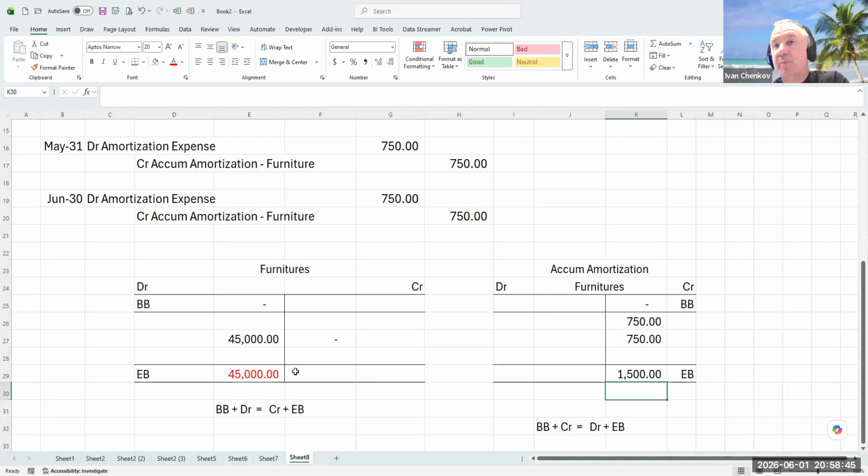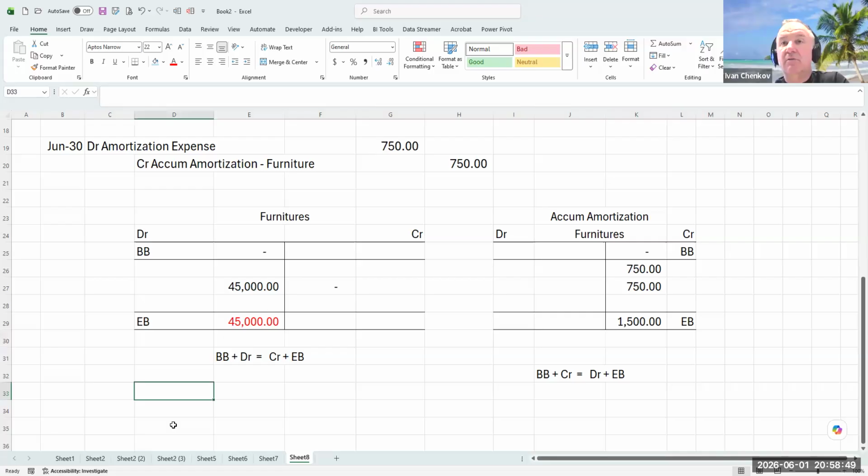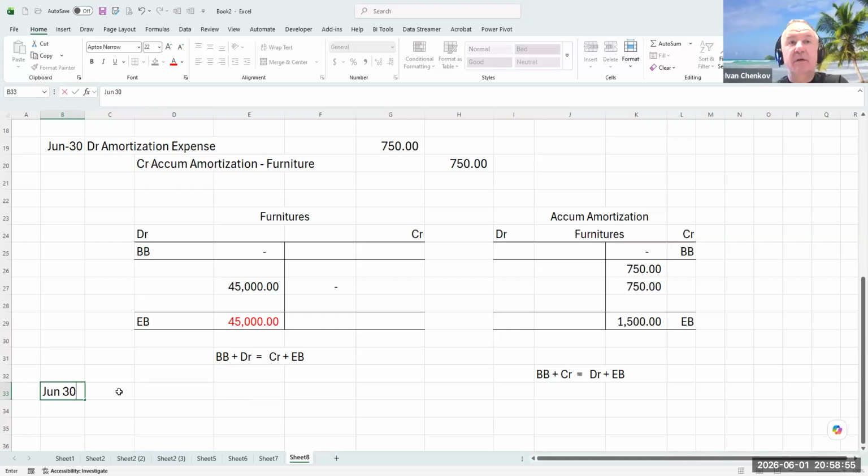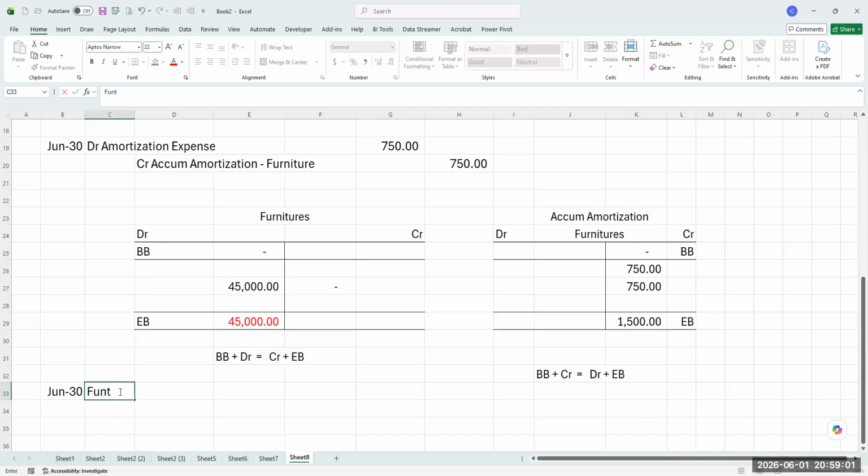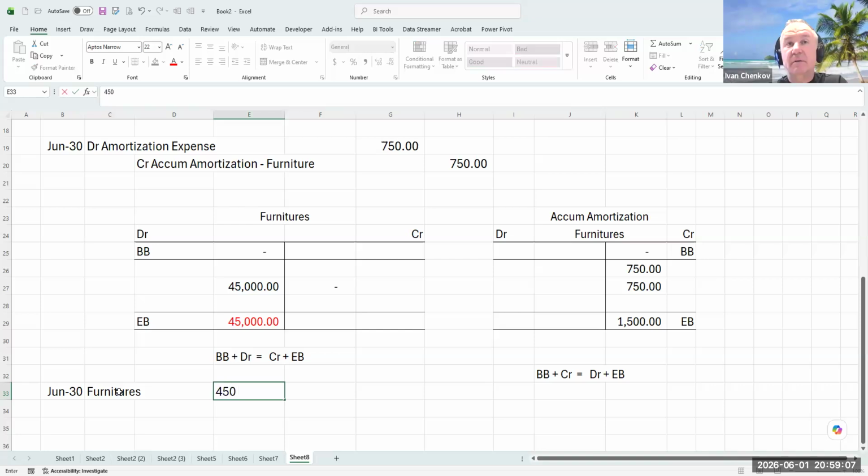Now, if I have to prepare a financial statement or balance sheet for the end of June, on June 30th, I'm going to have the account furnitures, and that account is going to show 45,000.